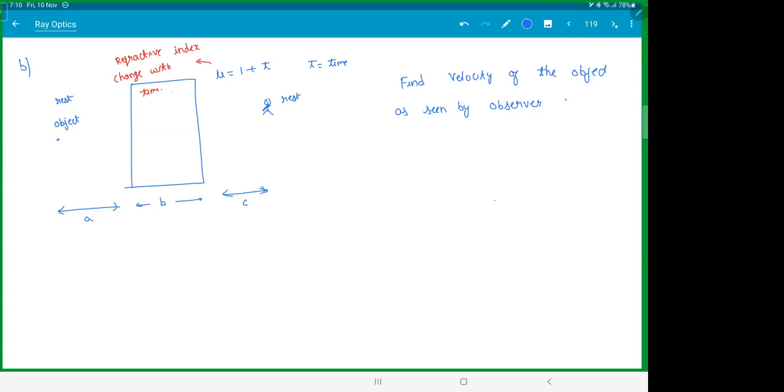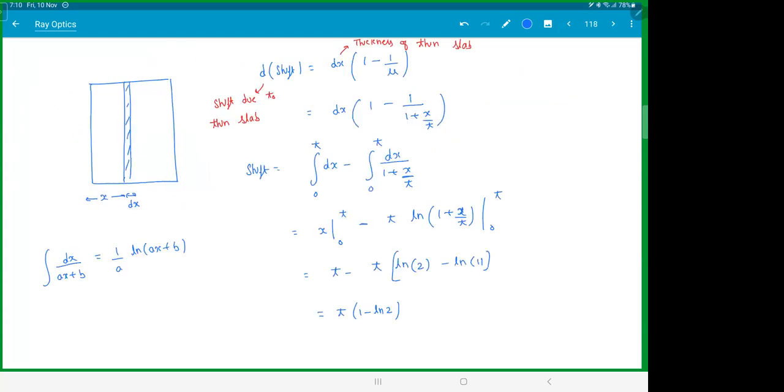Find the velocity of the object as seen by the observer at time t. And you should use space here. Clear?